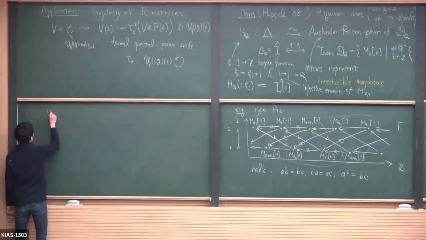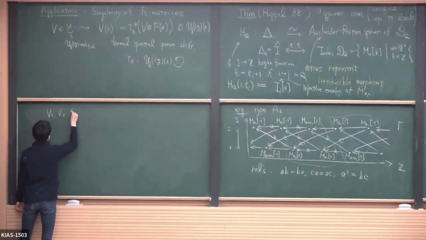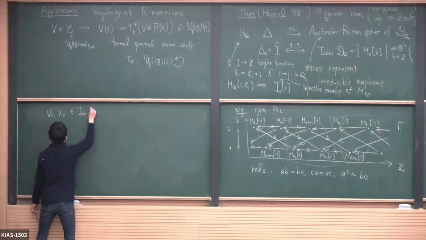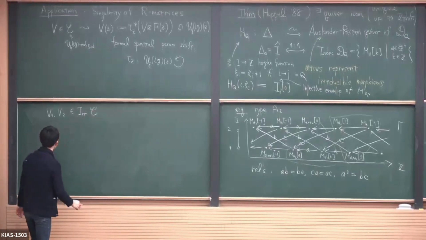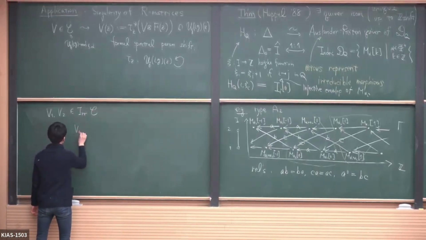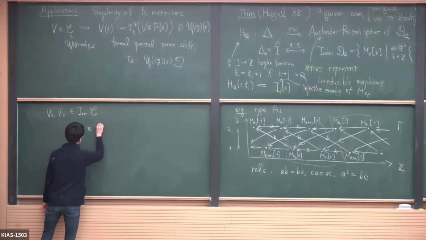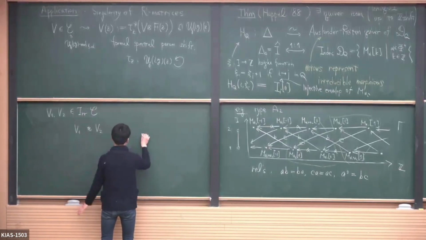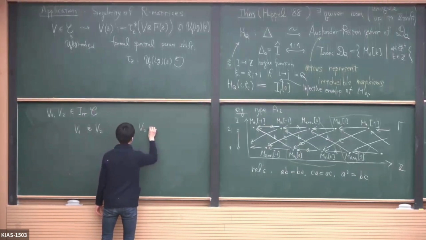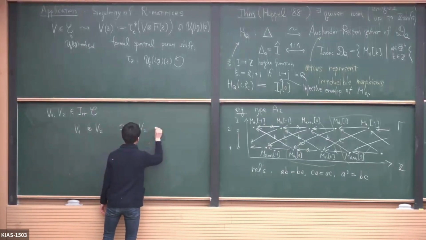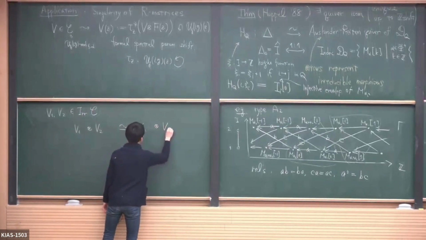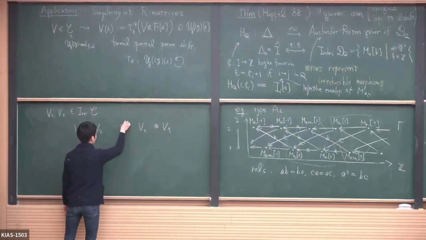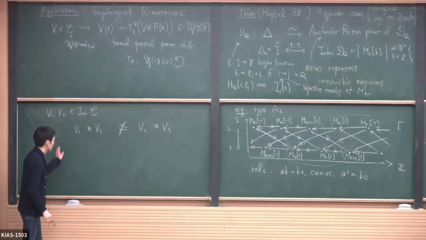And so if we take two irreducible representations, for example, then the tensor product of the two does depend on the choice of ordering. So they are not always isomorphic.